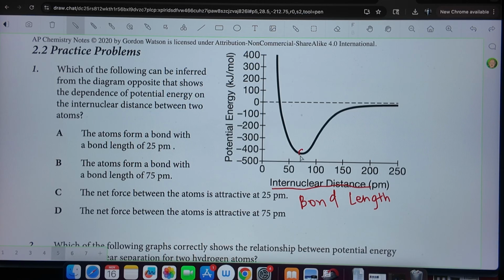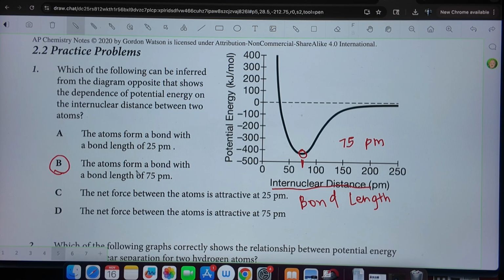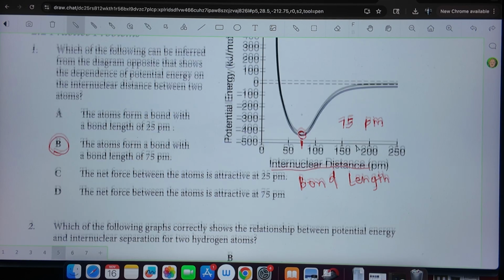The bond length, I would say, is about 75 picometers. And so I have no choice but to pick B, because B shows that the atoms form a bond with a length of 75 picometers. Okay.